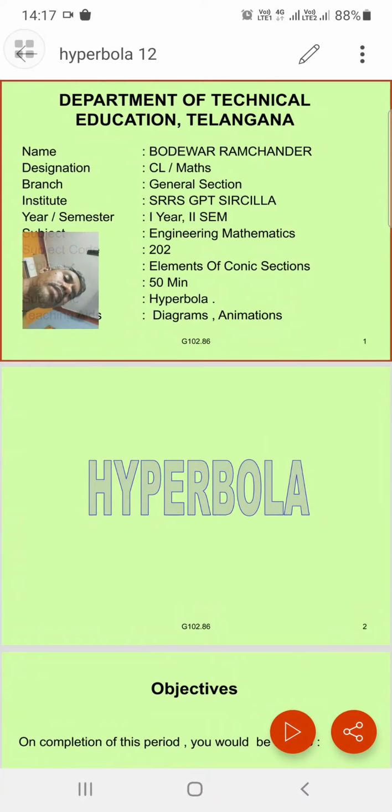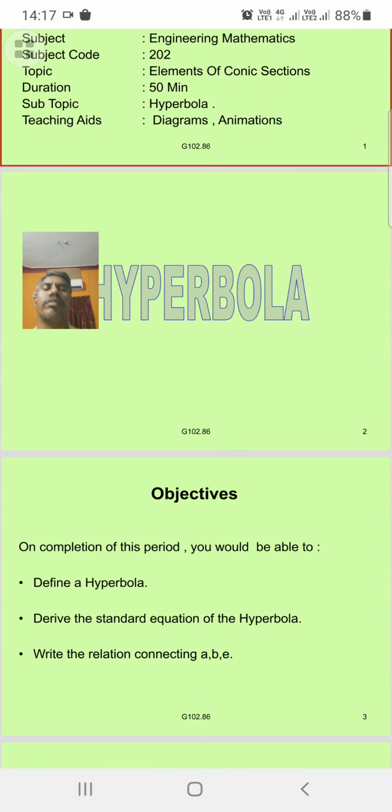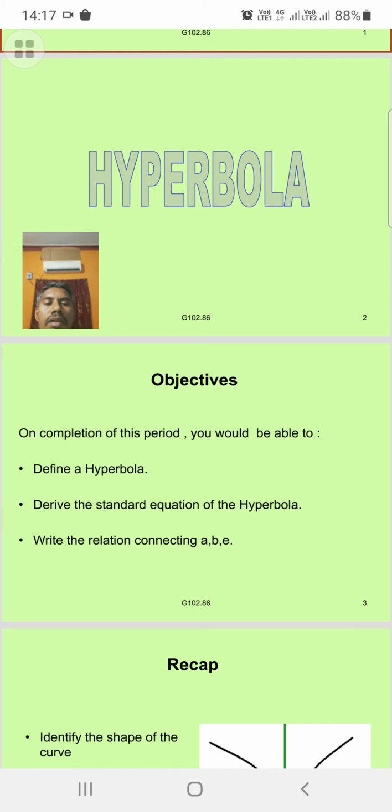So these elements are similar to the ellipse, the same as it is, only the difference is in the equation, the negative sign before y square. In the ellipse we say x square by a square plus y square by b square equals 1. Here in the hyperbola we say the equation x square by a square minus y square by b square equals 1.